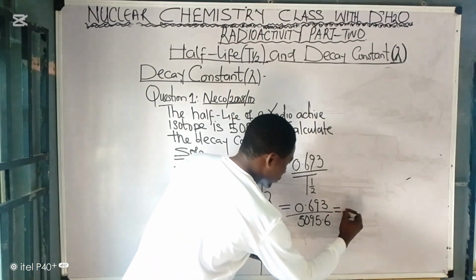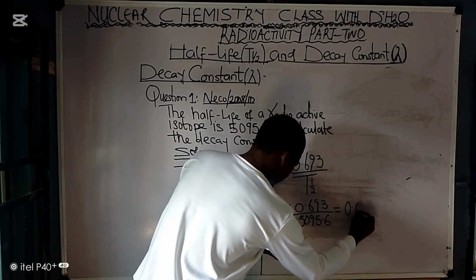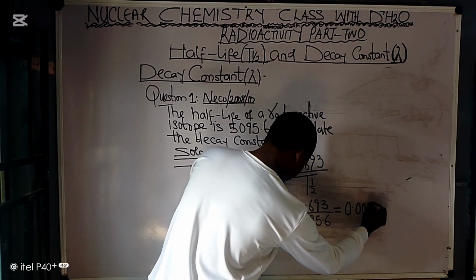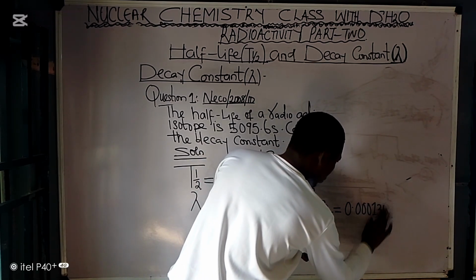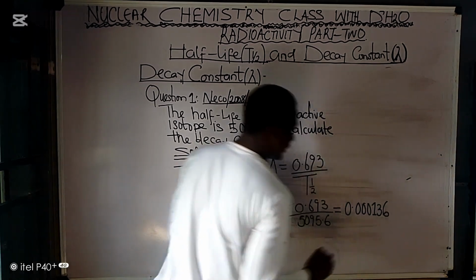So our decay constant is 0.000136. Yeah, this is our decay constant.